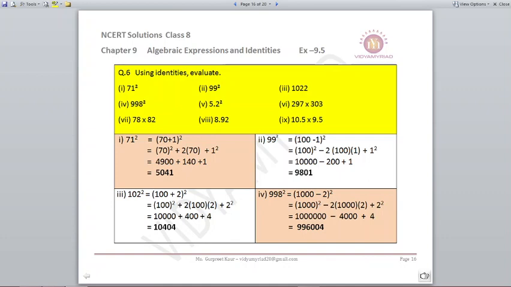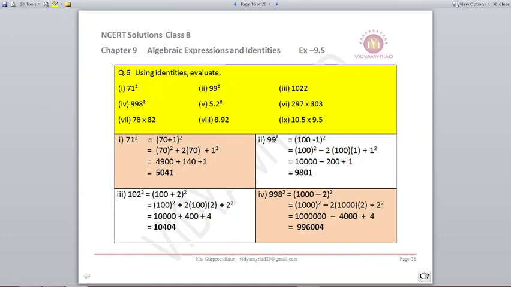This becomes the formula for (a plus b) the whole square. So I can apply the formula. It becomes 70 square plus 2 into 70 into 1 plus 1 square. So 70 into 70, 4900. 2 into 70, 140 plus 1. You get the answer as 5041. So by this our calculation becomes easier instead of multiplying 71 into 71.